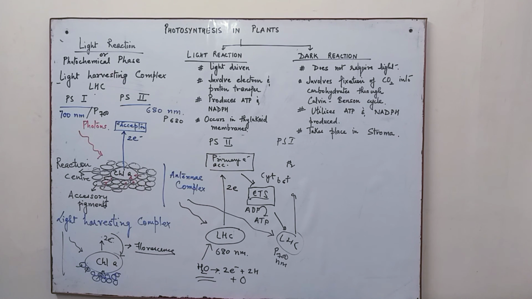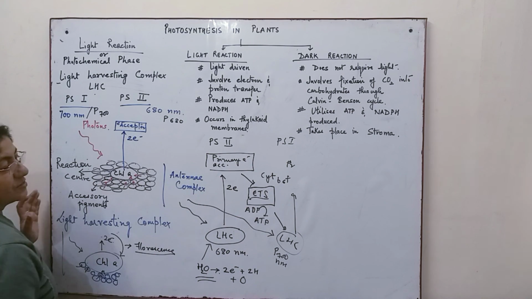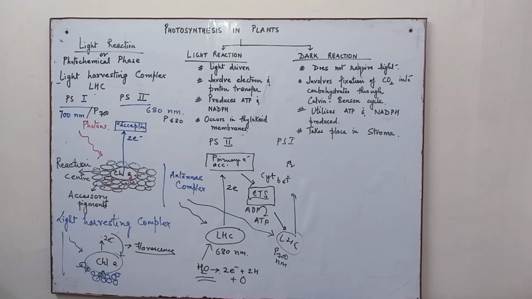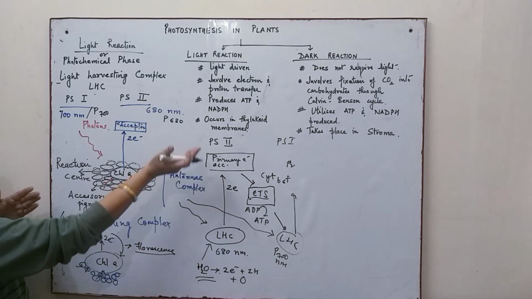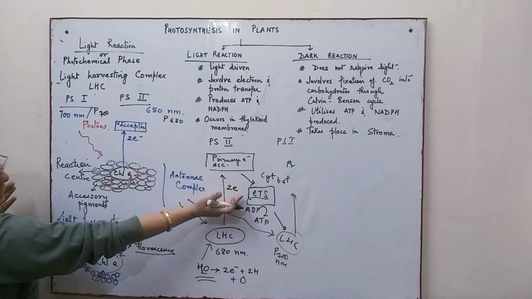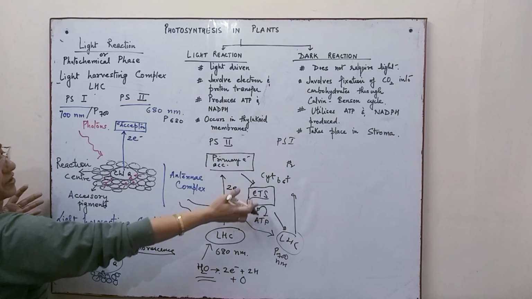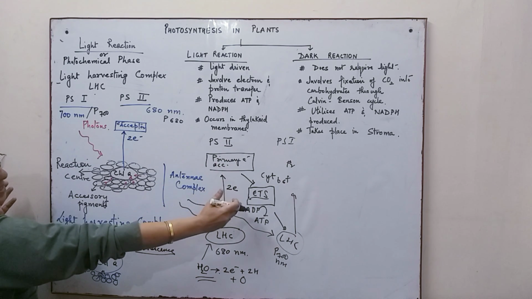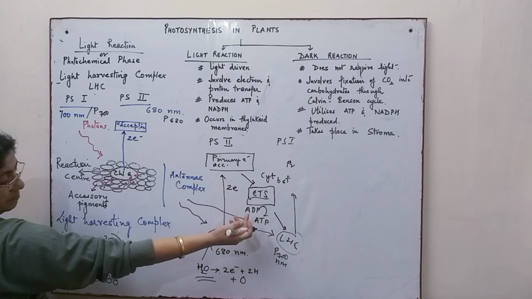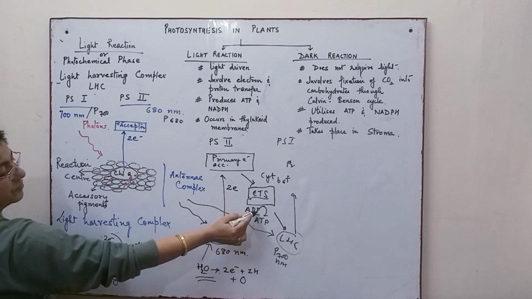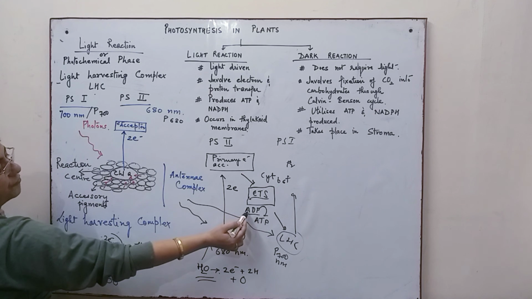The products of the Z scheme, because it represents a Z shape, are ATP and NADPH. So the whole system of transfer of electrons starts from PS2 to the primary acceptor to the electron transport system, where only the electrons are passed, and the energy produced is utilized for photophosphorylation of ADP into ATP.